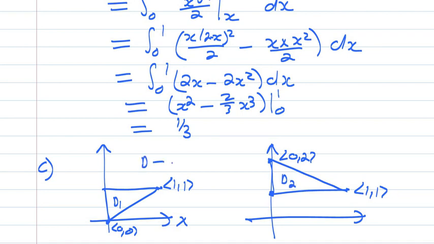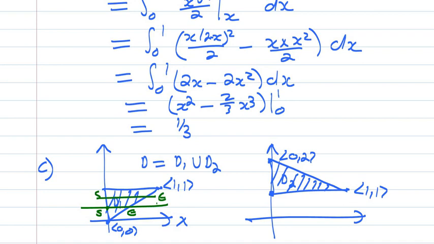So the region is D1 union D2. If you take all of those blue points plus all of those blue points and put those two sets together, you get set D. Now, why do we do this? Because now if we draw a horizontal line, you see it starts there and it ends there. It starts there and it ends there.